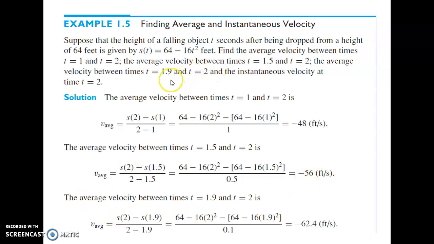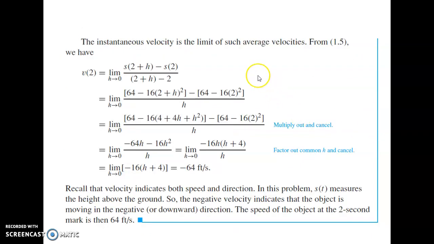Then again I choose other points, this time 1.9 and 2. Then again I subtract, and I will get minus 62.4 feet per second. Please check this.